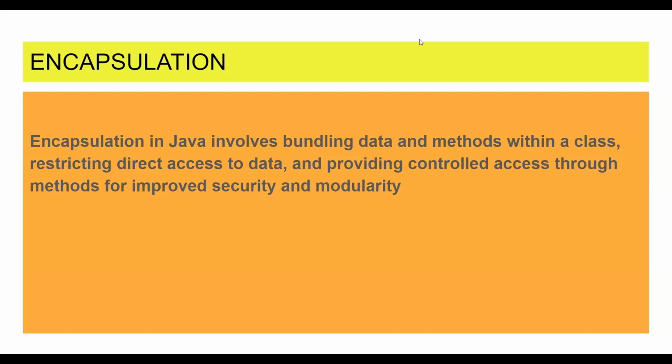Encapsulation in Java involves bundling data and methods within a class, restricting direct access to data and providing controlled access through methods for improved security and modularity. So you can say that it's a mechanism of wrapping data and code together as a single unit. If I take a real life example, let's take a smartphone.